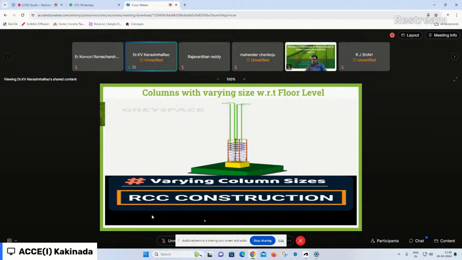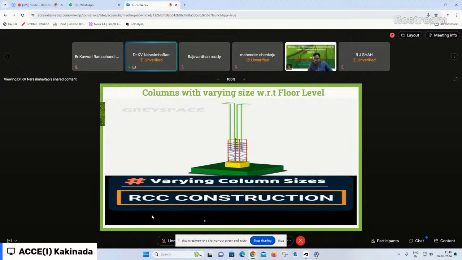In this part, we'll see a case where the column cross section varies with the floor level, and how the reinforcement is to be detailed. In the previous case, it is a concentric column where there is no eccentricity of the load between the top and bottom columns.